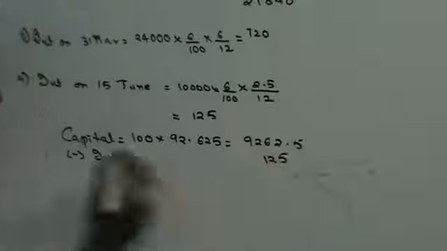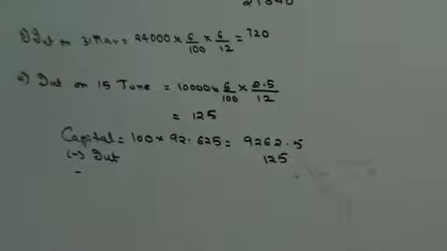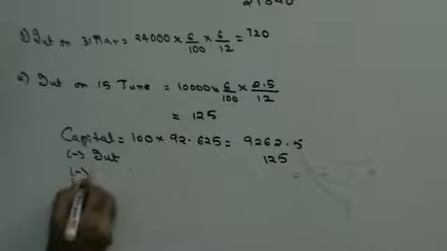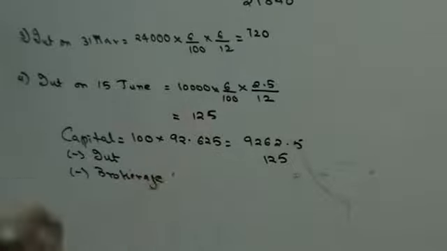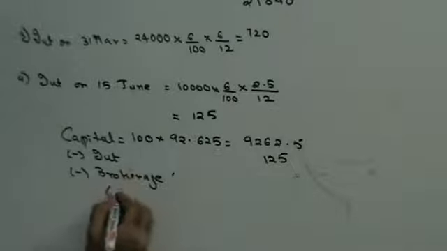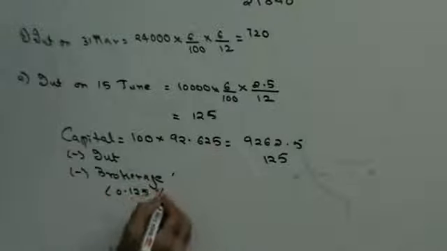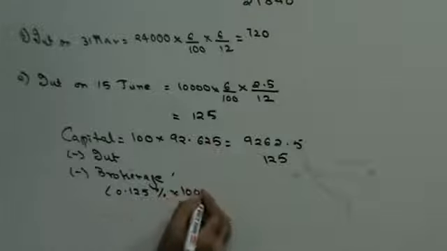125. You are selling. When you sell, you less brokerage. While buying, you add brokerage. While selling, you deduct your brokerage. Remember people, brokerage is always calculated on the nominal value. So brokerage is 0.125% on my nominal value of 10,000.